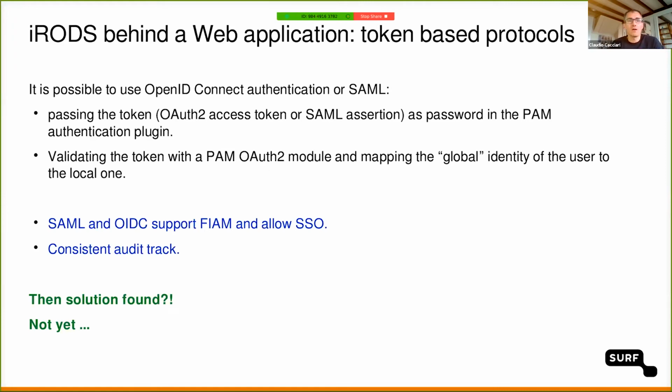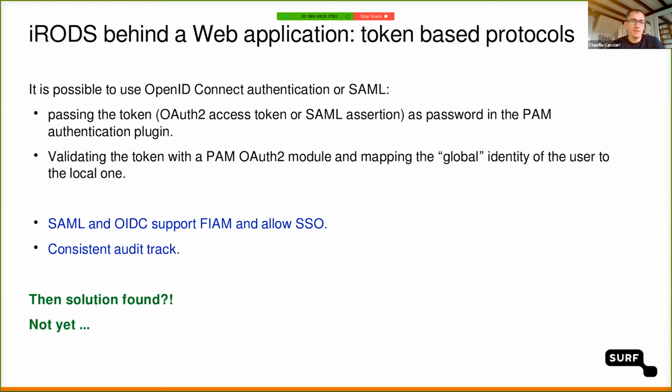And so we can also, of course, use widely adopted solutions for this kind of web application, like SAML or OpenID Connect. That's possible. We can generate a token and pass the token to, for example, iRODS via PAM, and use a PAM OAuth2 module in the backend of iRODS to validate the token and authenticate.